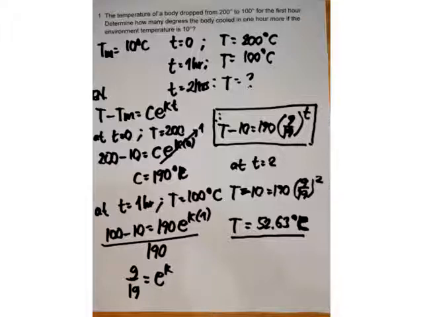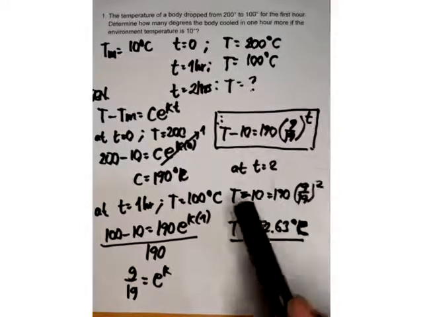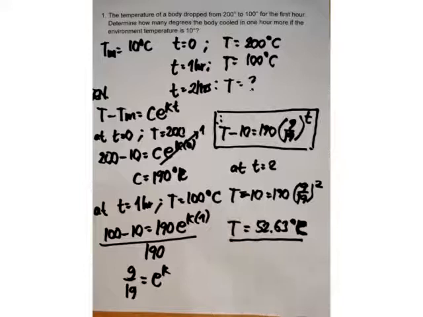Just remember, the formula always gives us the actual temperature of the object after a certain time. But that is not the question. If you reread the question, determine how many degrees the body cooled in 1 more hour.